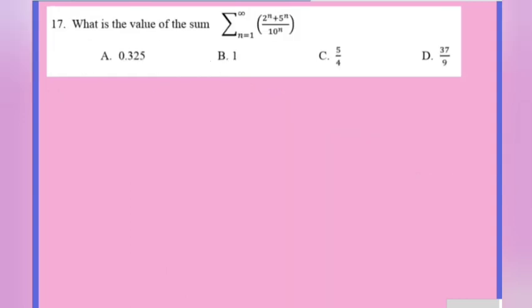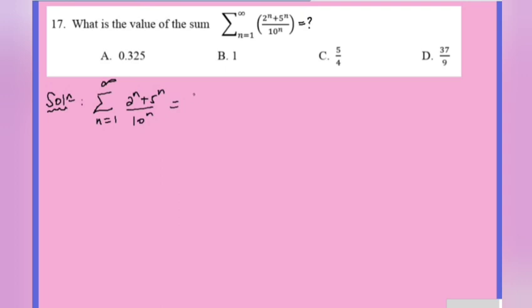The next problem is, what is the value of this sum? This is again an infinite geometric series. Let me write the problem properly. The problem is the sum of the series given by 2 to the power of n plus 5 to the power of n, over 10 to the power of n.